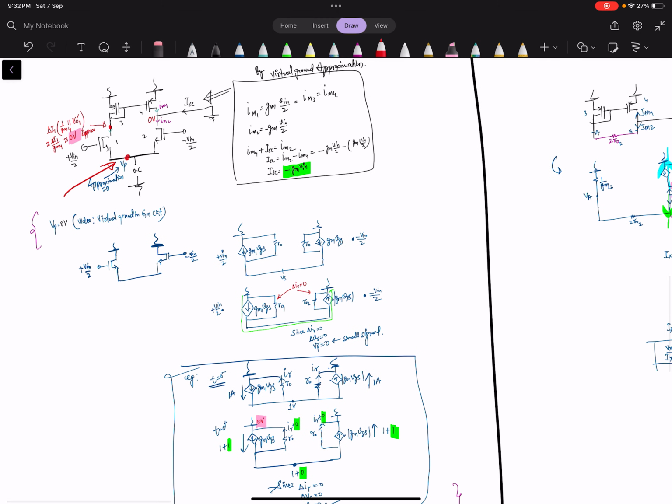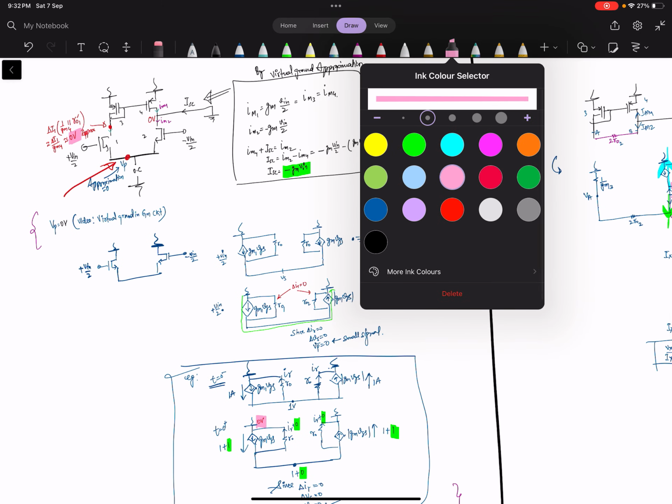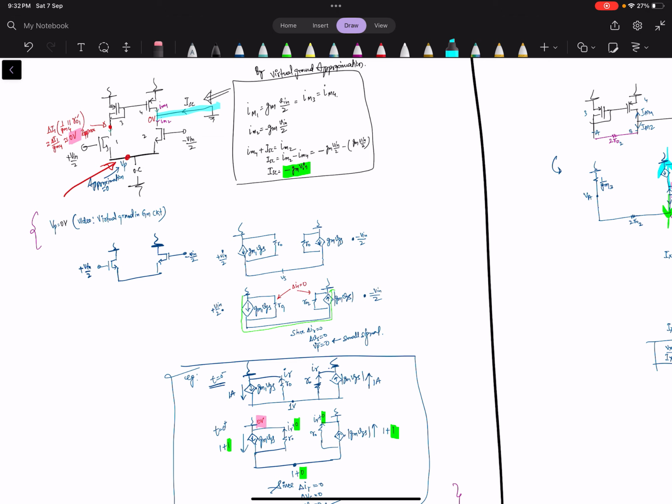If you see clearly, this is ground, so this potential is 0. Now we know that if one potential is 0, for virtual ground the other potential has to be 0 also, then only it will be virtual ground. Let's see the concept here.